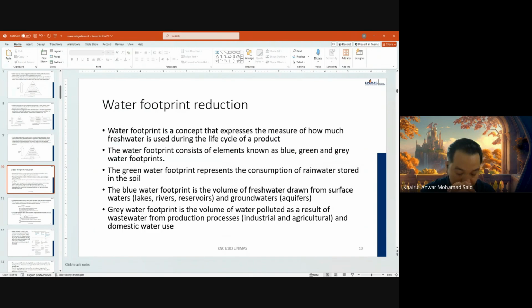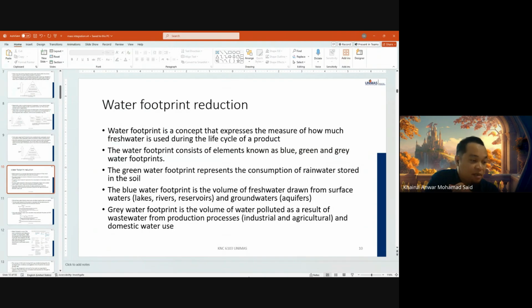We need to track the product's entire water trail, both the direct and the indirect trail. This tracking of the product's entire water trail is what we call water footprint.